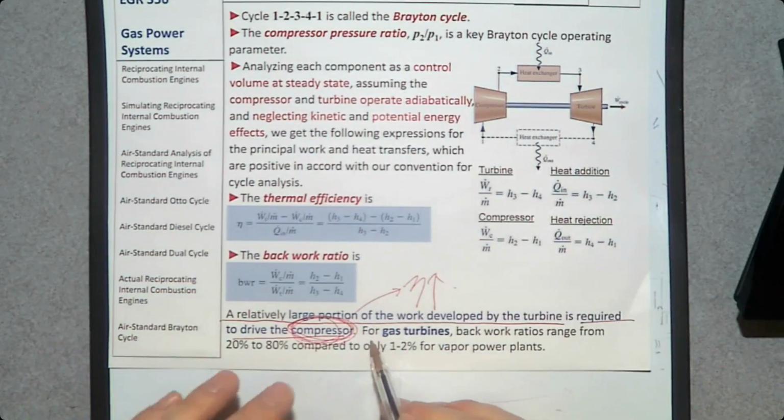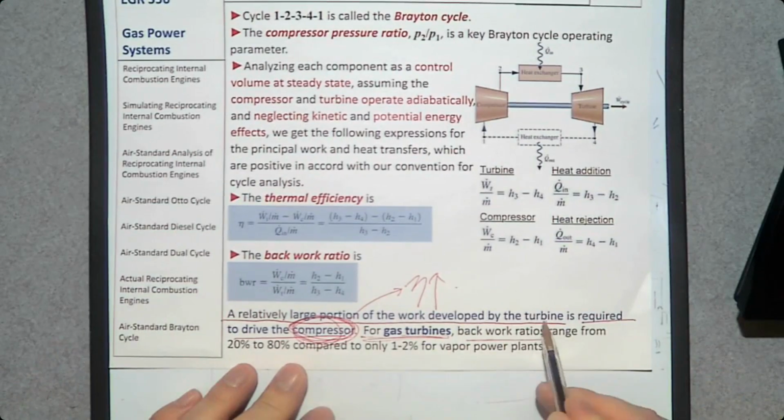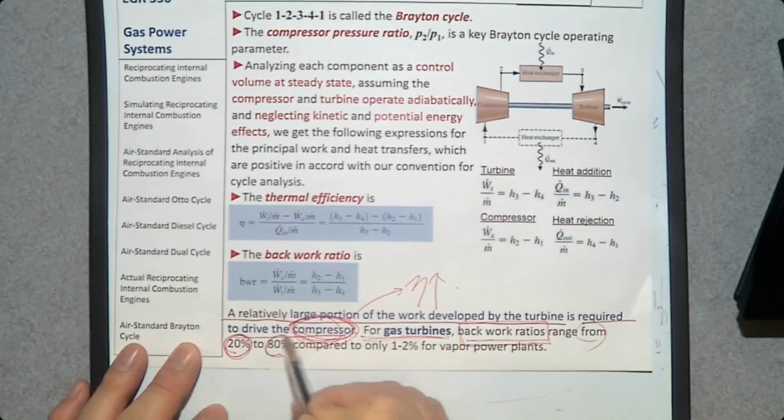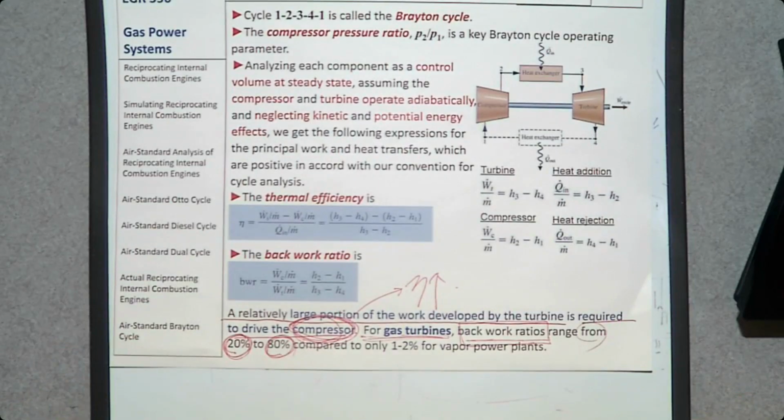So for gas turbines, back work ratio ranges from 20% to 80%, which is extremely high. So if you produce, let's say, 1 megawatt of power from the turbine in a gas turbine, then about 20 to 80% of the power produced by the turbine goes back to the compressor to run.